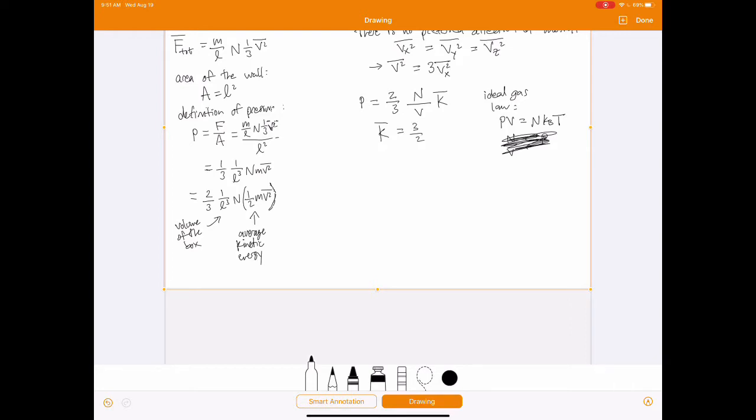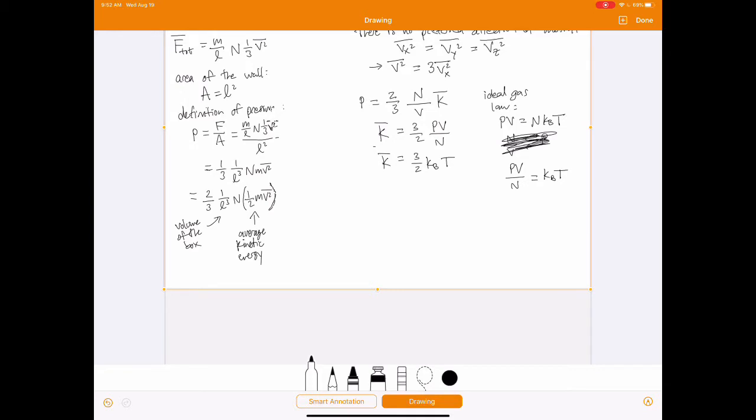In other words, we're solving for the kinetic energy, which is 3/2 times PV divided by N. That's what I wanted to say. And then if we use the ideal gas law, what's PV divided by N? Well, I just have to divide by N on both sides. That's Boltzmann's constant times T. So in other words, the average kinetic energy is 3/2 times Boltzmann's constant times T.